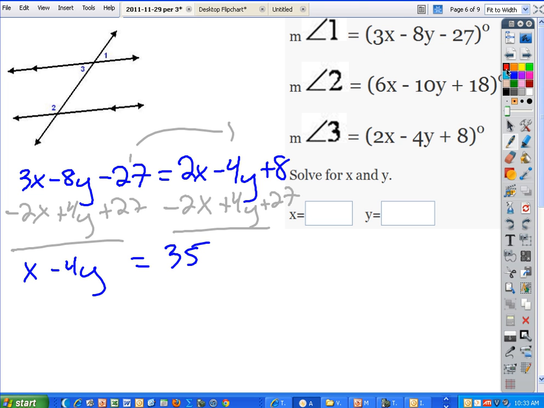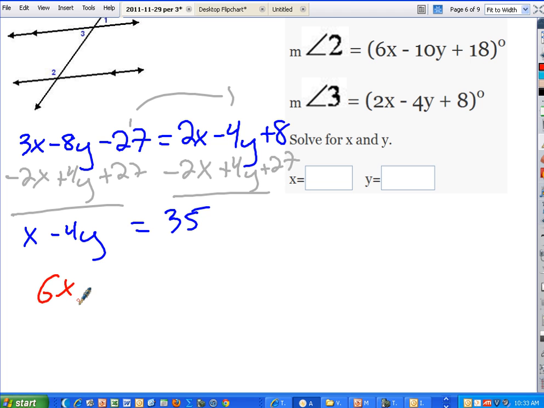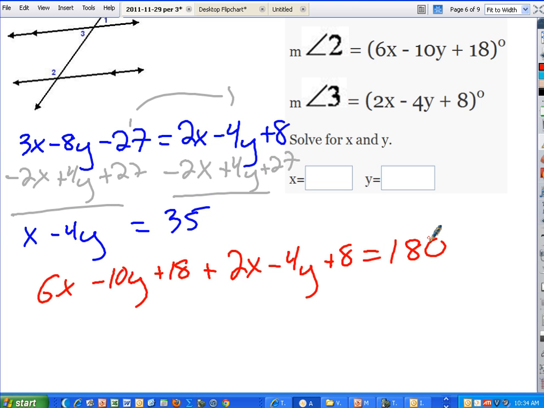So I could say 6x minus 10y plus 18 plus 2x minus 4y plus 8 equals 180, right? So here we have angle 2 plus angle 3 equals 180, right?